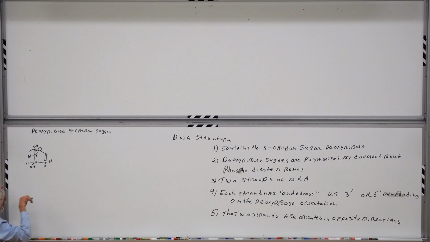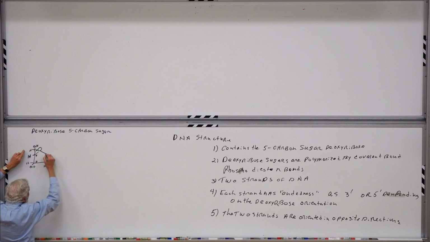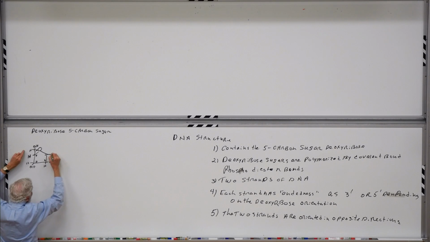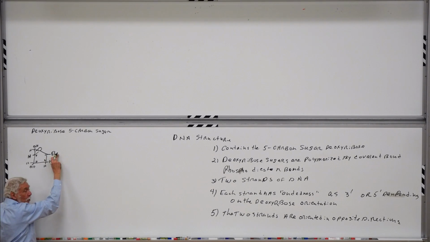But to incorporate the deoxyribose into DNA, this number 1 carbon needs to have covalently linked to it a base. For the chemists among you, this is said to be a glycosidic bond. The glycosidic bond will link this number 1 carbon to a nitrogen on the nitrogenous base.